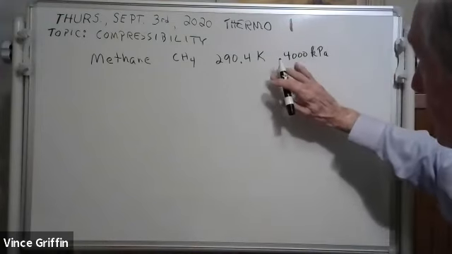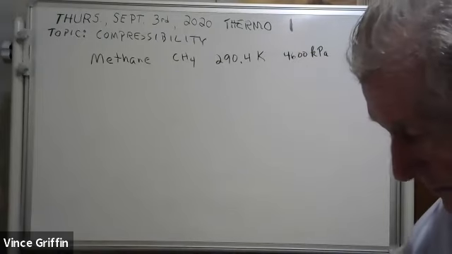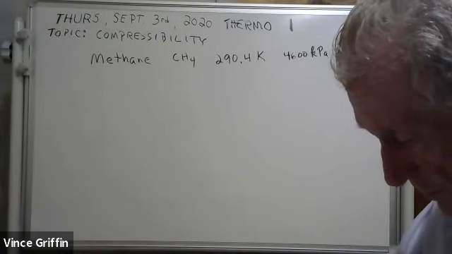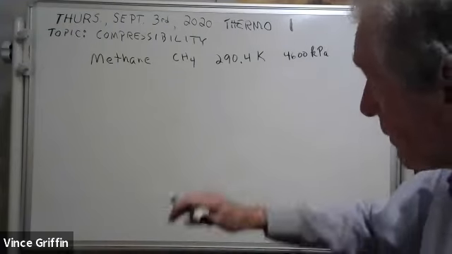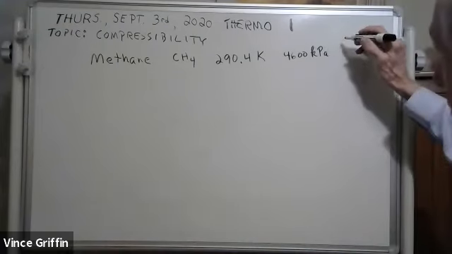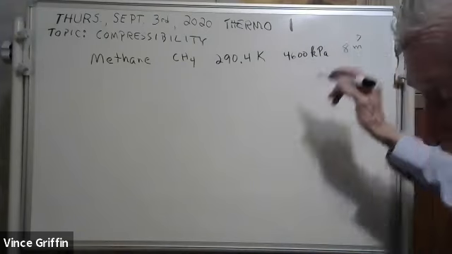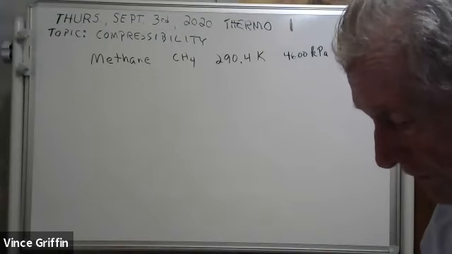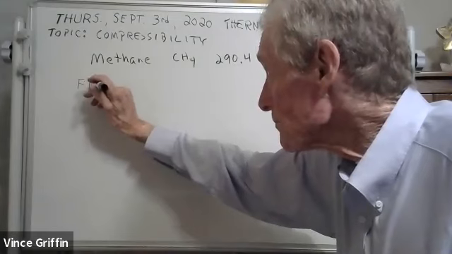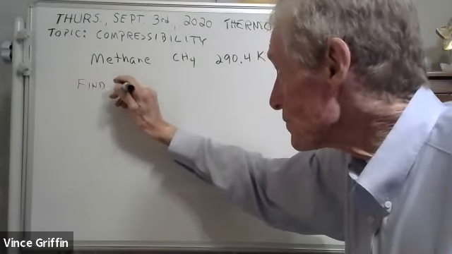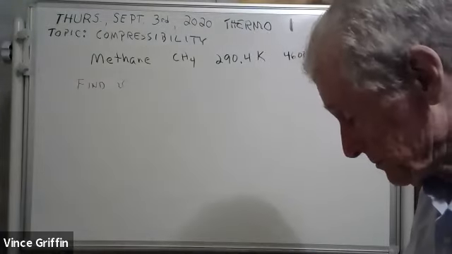No, it's 4,600 kilopascals. All right. And the volume is 8 cubic meters. Now, the first thing we're going to do is find the specific volume from the methane table.